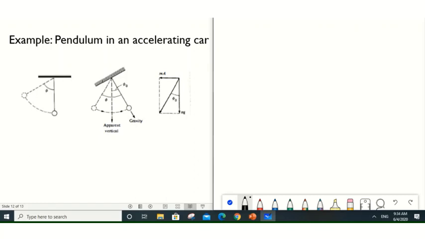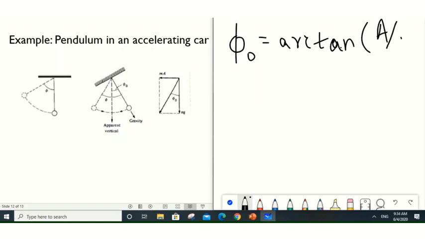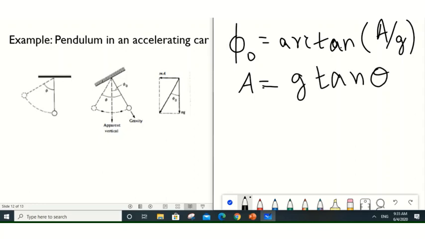In this system accelerating with the car, we can consider that this bob behaves like a pendulum in a gravitational field. So phi 0 can be calculated as arctan of A by g, because in example 1 we calculated a is equal to g tan theta, and from this we can find phi 0 as arctan of A by g.